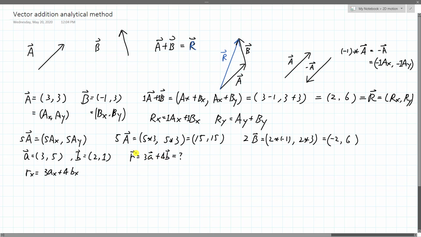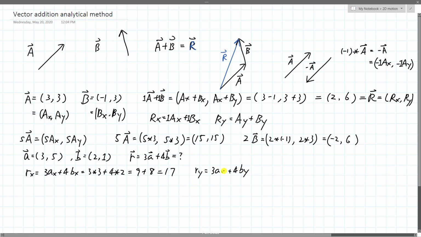So you take 3 of your a x component and take 4 of your b x component and add them together. So that's 3 times the x component, which is 3, plus 4 times the x component, which is 2. So it's 9 plus 8, which is 17. I think I remember that. And then our y is 3ay plus 4by.